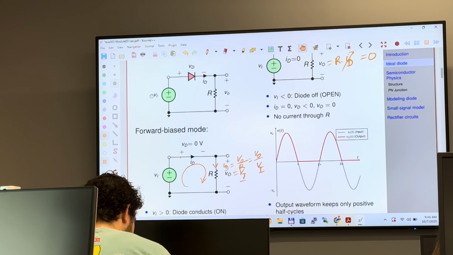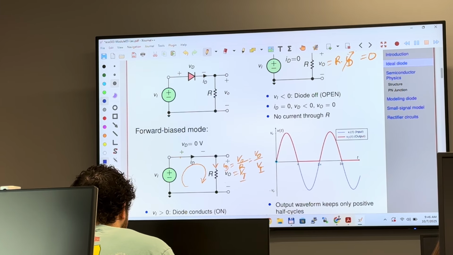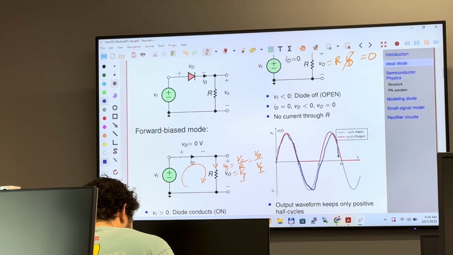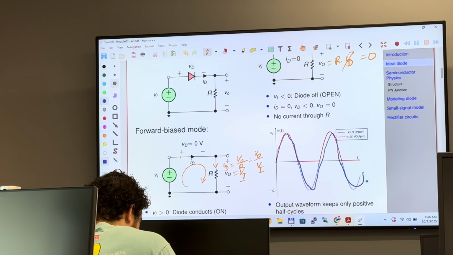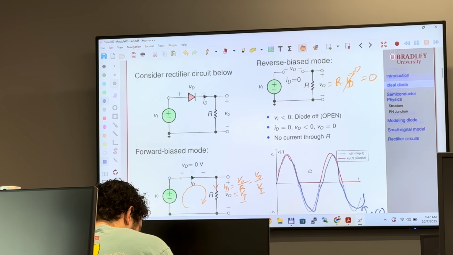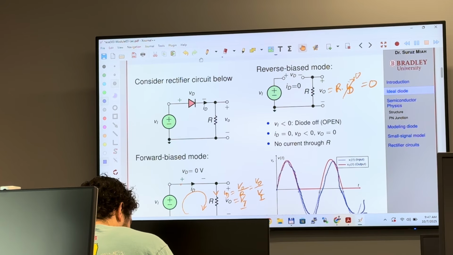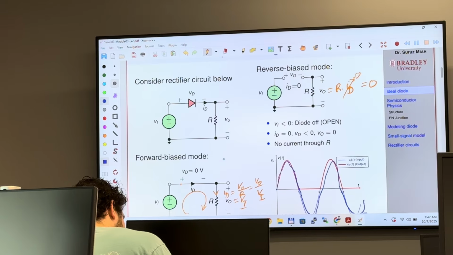Now think of this VI as a sinusoidal signal. You apply a sinusoidal signal to the input.